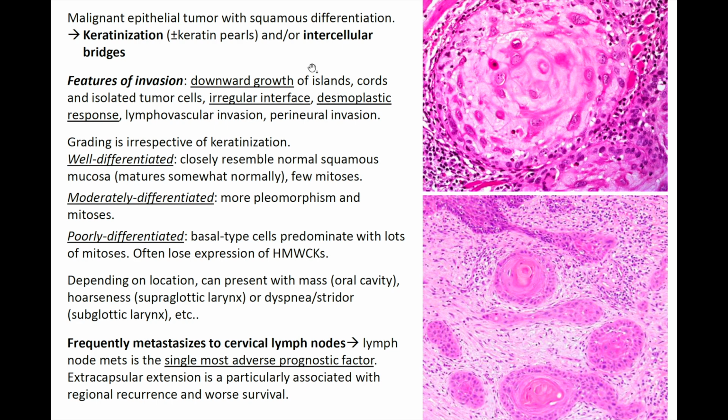Depending on the location, it can present with a mass in the oral cavity, or hoarseness in the supraglottic larynx, or dyspnea or stridor in the subglottic larynx. It frequently metastasizes to cervical lymph nodes. So lymph node met is the single most adverse prognostic factor. Extracapsular extension is particularly associated with regional recurrence and worse survival.